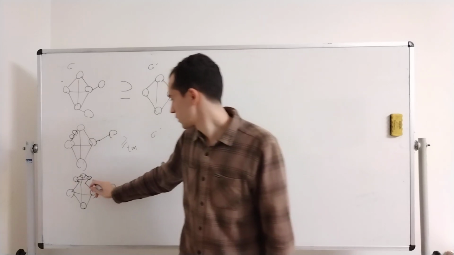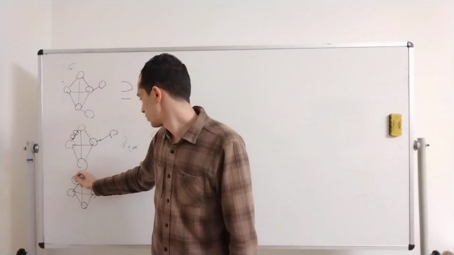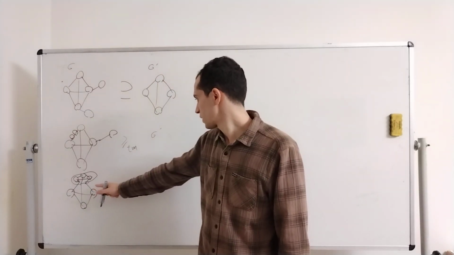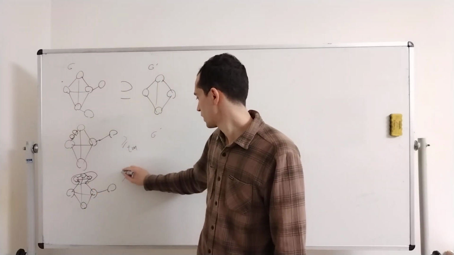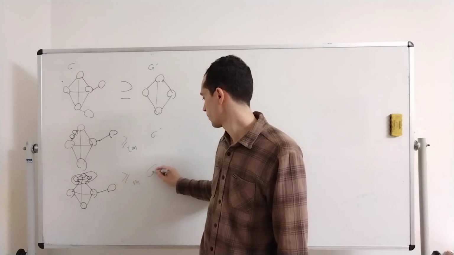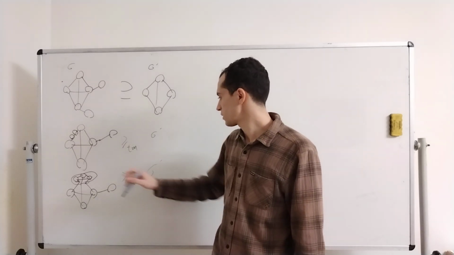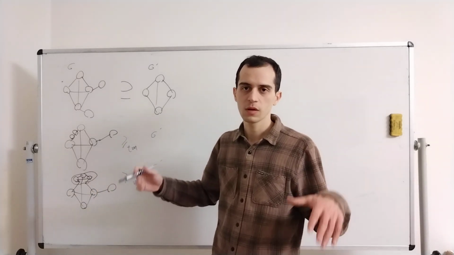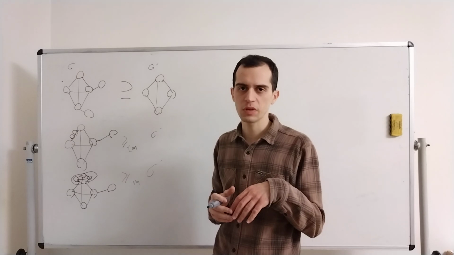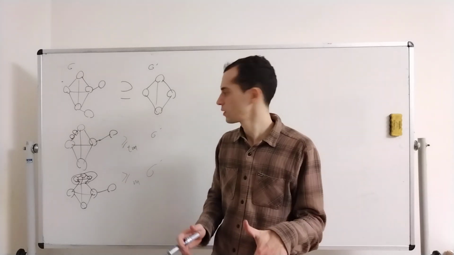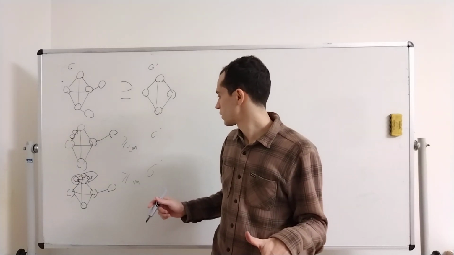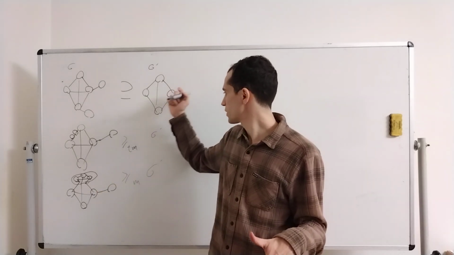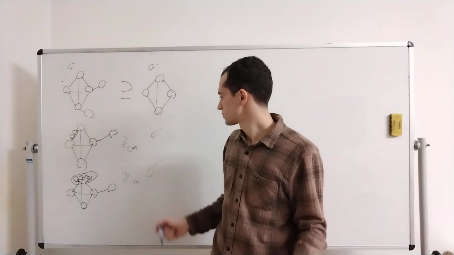So we say that this graph G contains G prime as a minor if we can find a number of connected components that, if we turn them into nodes that neighbor the same vertices that the connected component neighbored, we get G prime.